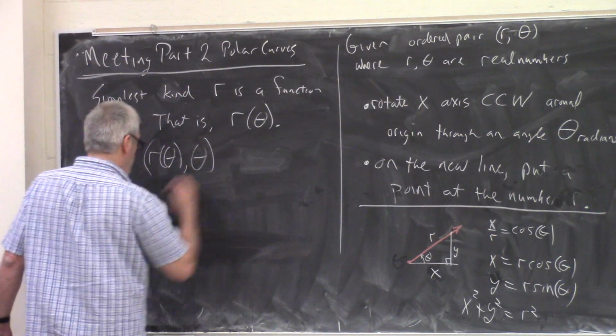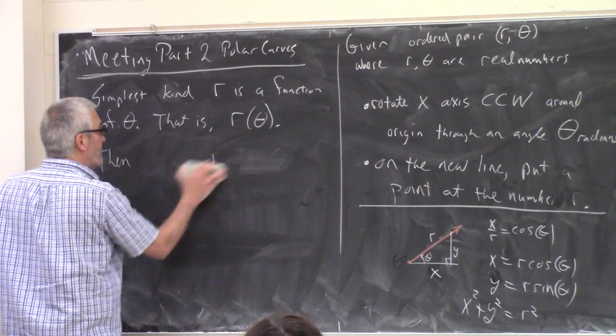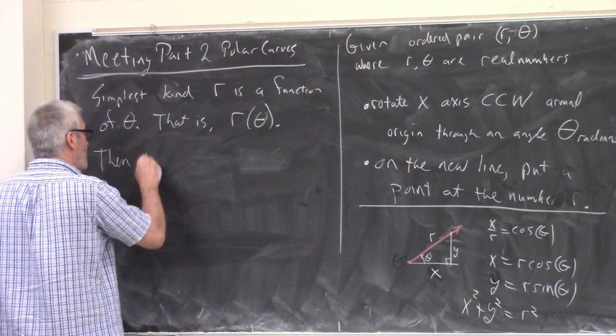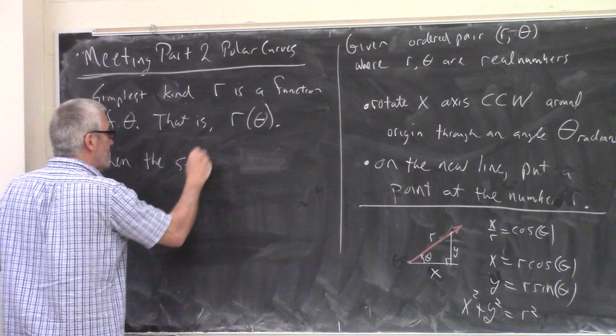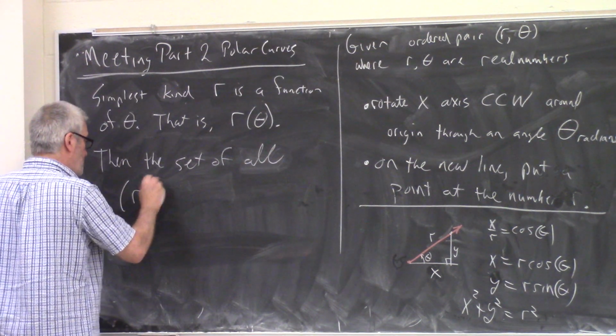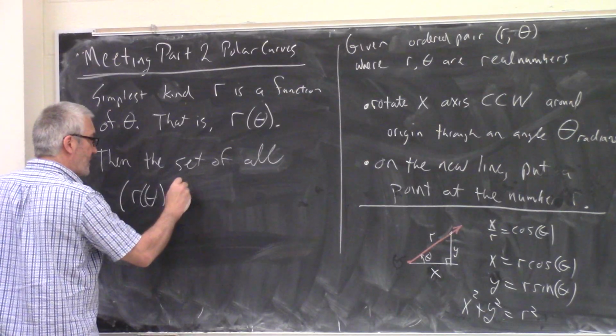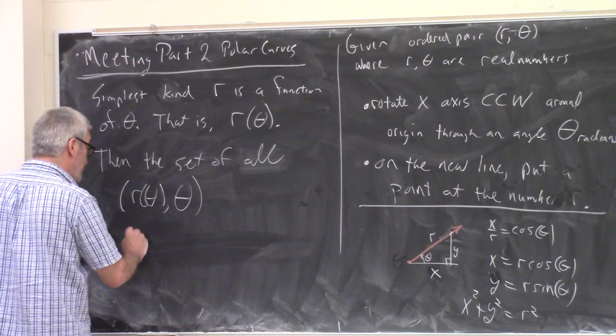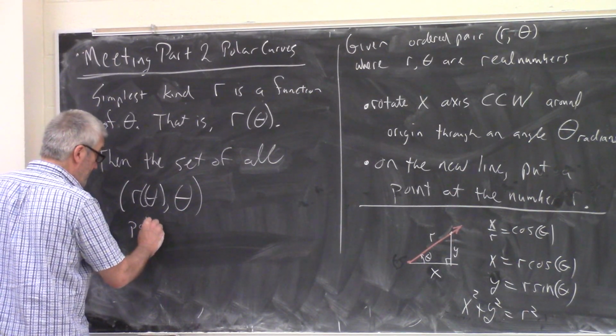So the curve is the set of all r of theta, comma theta. This is polar coordinates, not x, y coordinates.